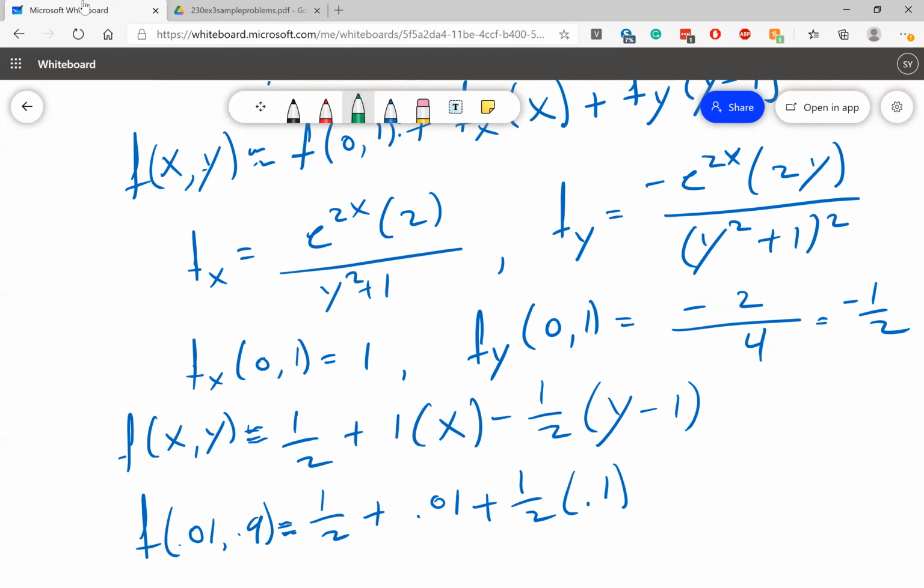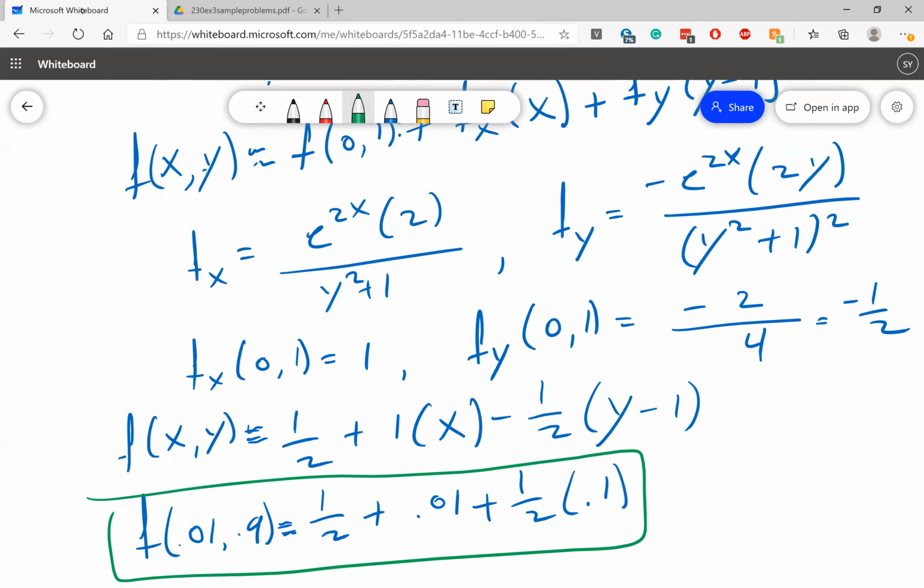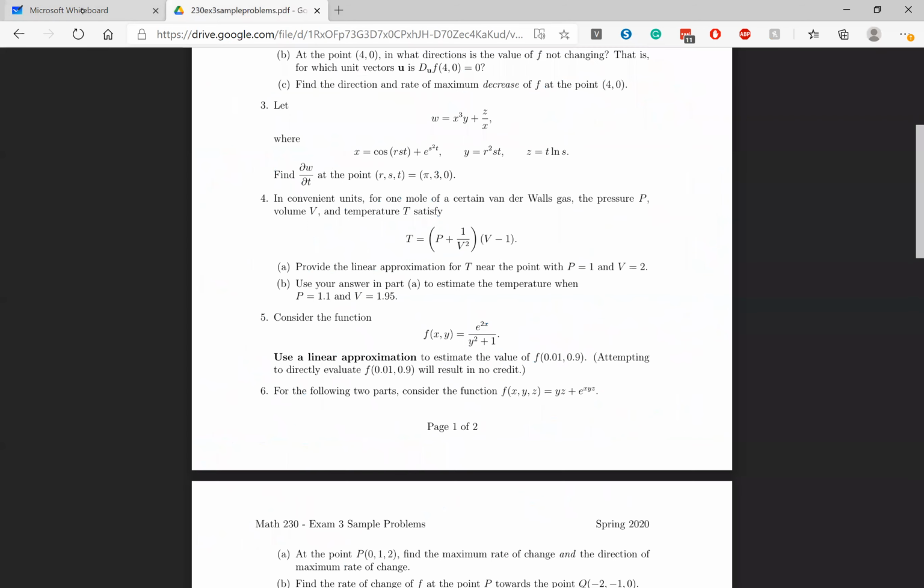And that should be the solution to that problem.